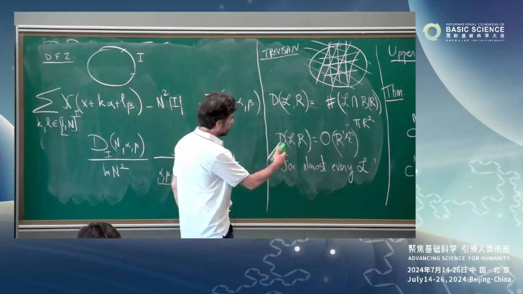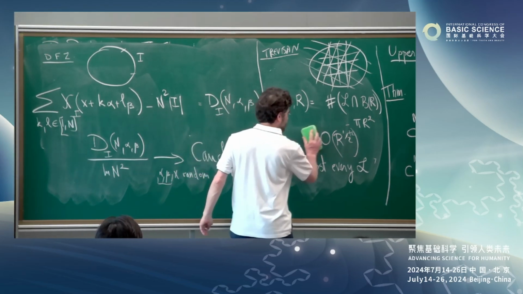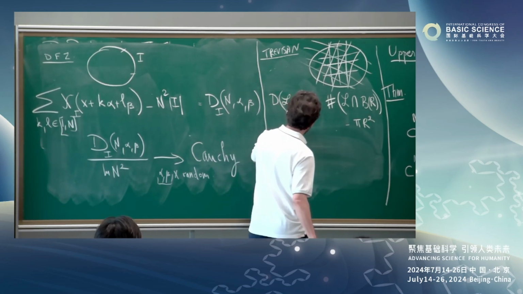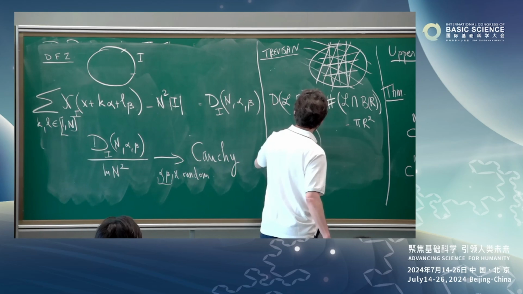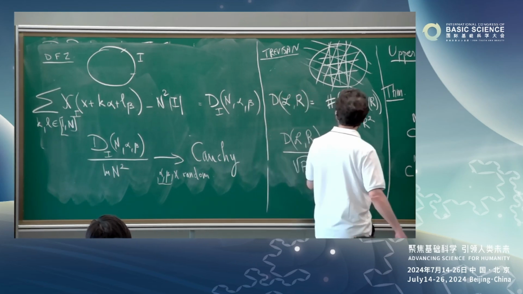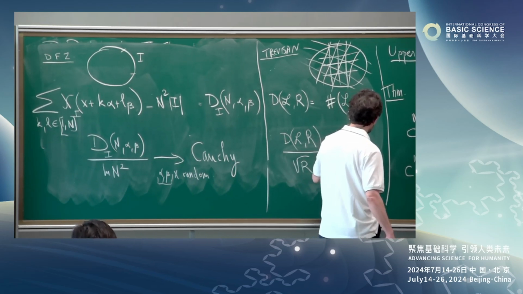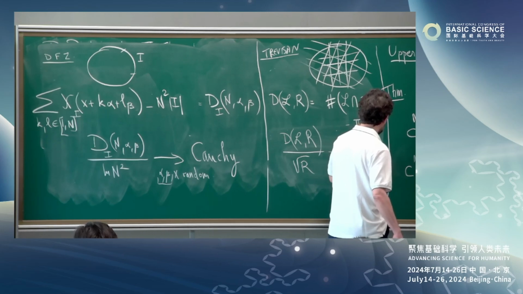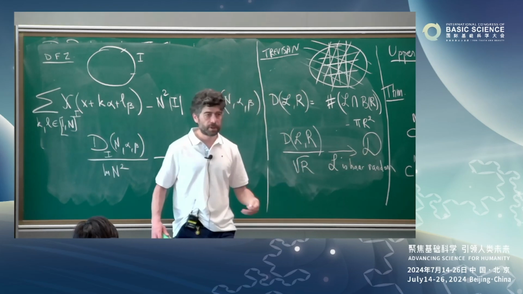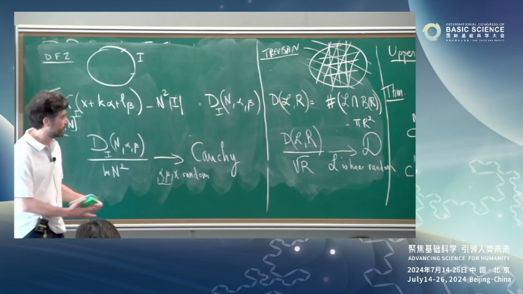So what Trevisan did, he applied these dynamics and techniques, and he showed that D(L, R) divided by square root of R converges, when L is random, to some distribution that he can explicitly find, computing the moments explicitly.